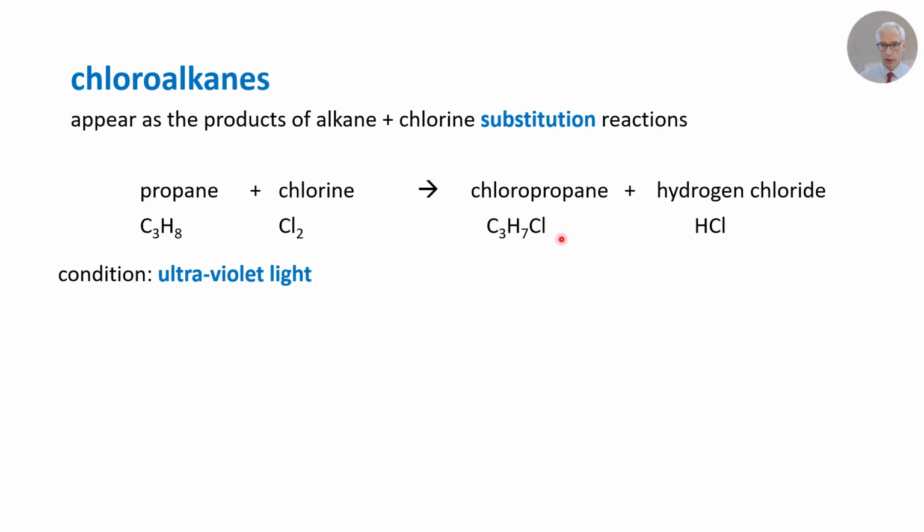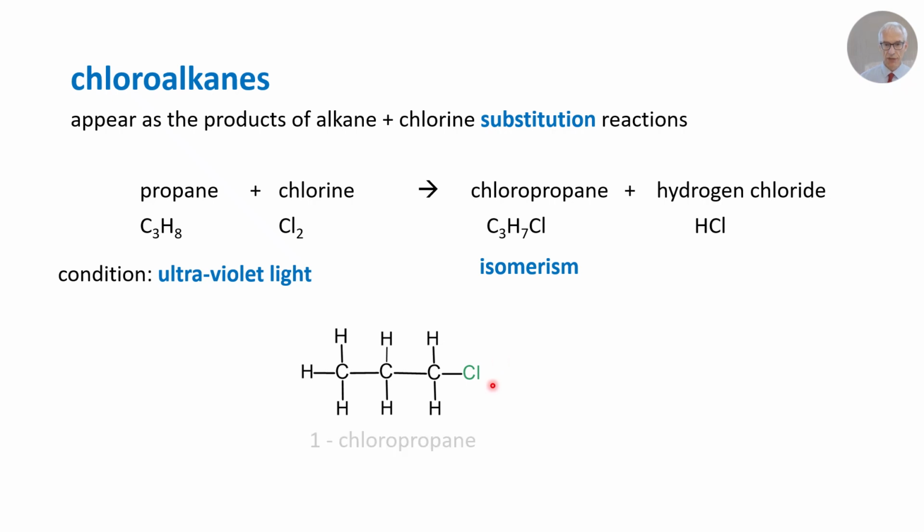Now, to get back to the organic molecules, chloropropane shows isomerism, structural isomerism. So if I tell you that one of the isomers has the displayed structure here, and this is called 1-chloropropane.